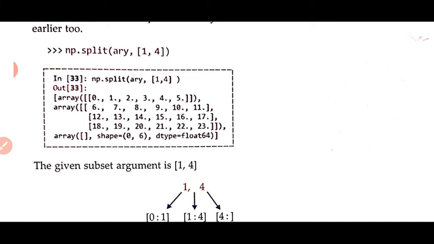See here, the axis argument is not written. The default value of axis is 0, because we know that if not given, it will take the default value.